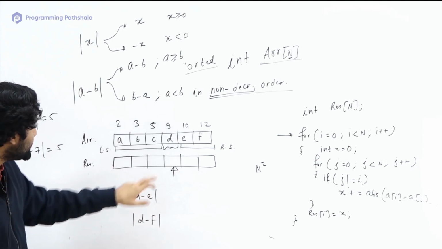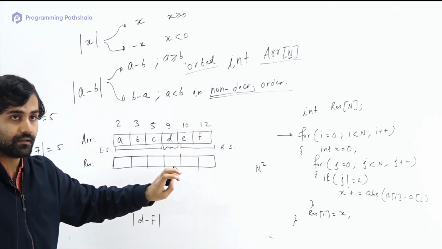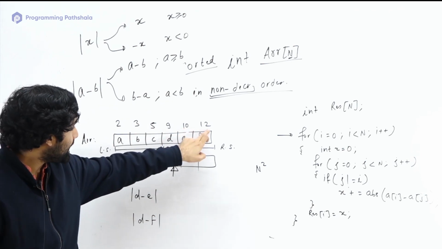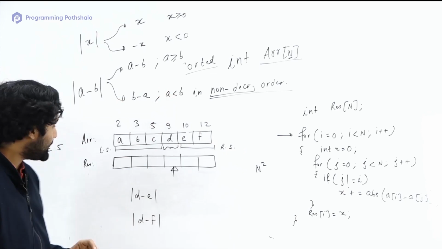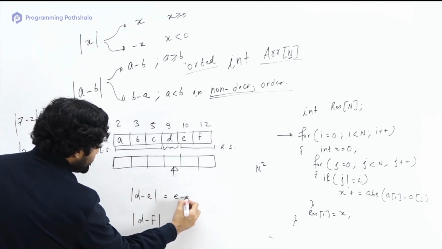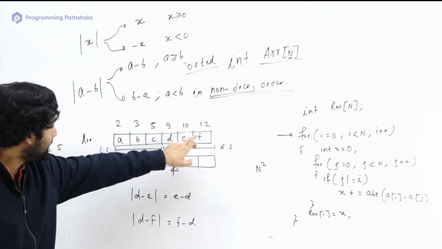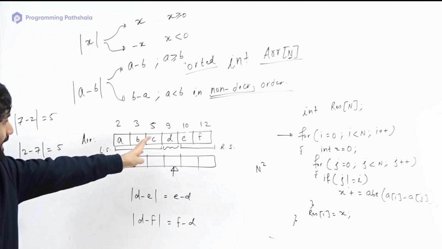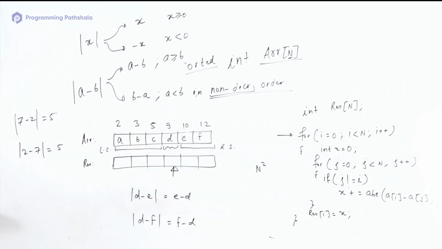When you do something like 9 minus 10, 9 minus 12, what will happen? 10 and 12 are greater than this 9 because the array is sorted in non-decreasing manner. So this and this mod will open like e minus d and f minus d, because e and f are greater than or equal to d. Does this point make sense to everyone? Okay.